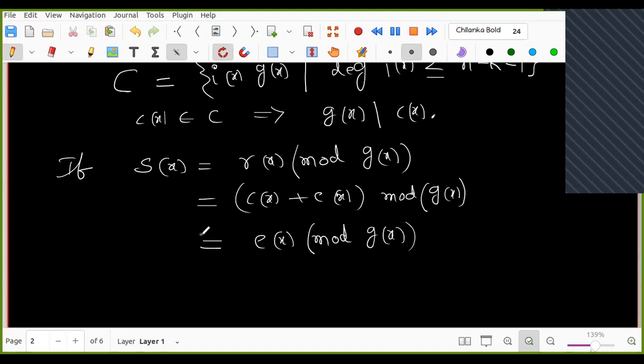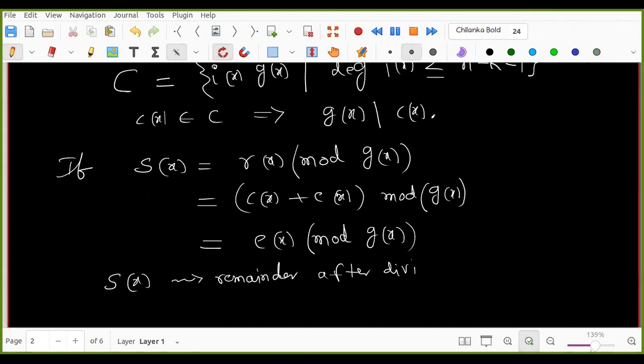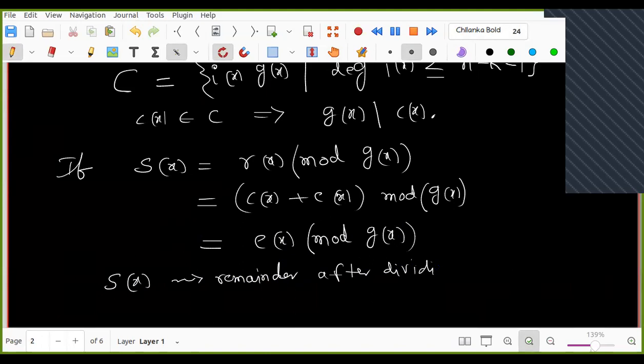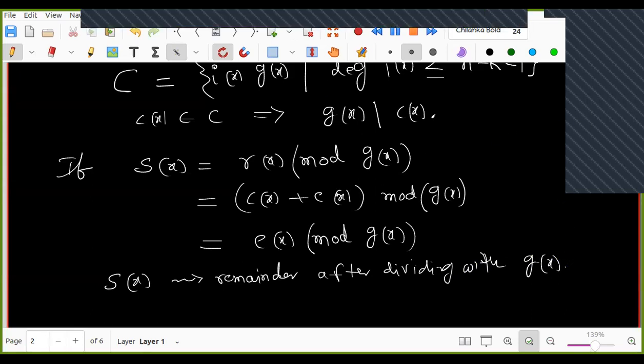So what is s of x actually? This is a remainder. So s of x is the remainder after dividing by g of x.